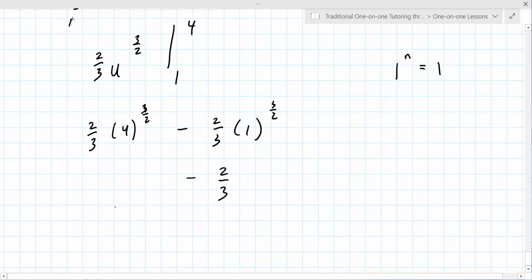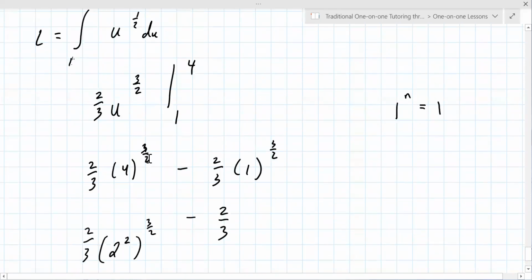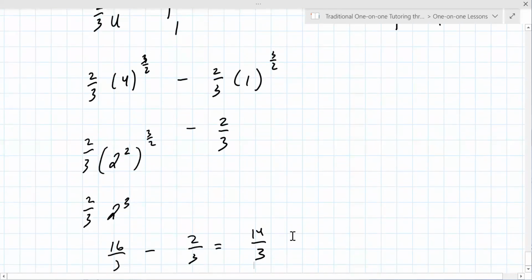And 4 you can turn into a 2 squared. And your exponent rules, if you remember, they just multiply. So you end up getting 2 times 3 halves, which is just 3. So this ends up being 2 to the 3 times 2/3. 2 cubed is 8. 16/3 minus 2/3 equals 14/3. This was arc length, so this is it. This is your final answer.